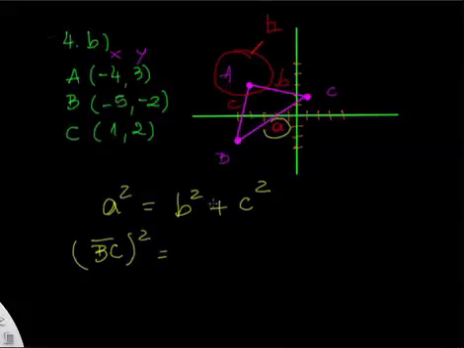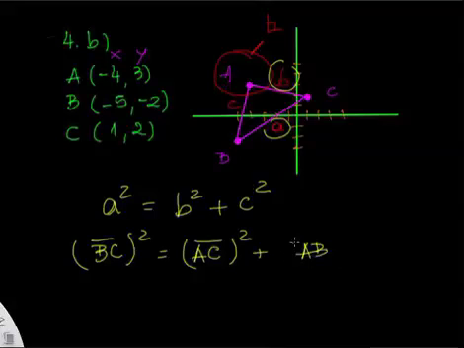And b squared, this is my b, should be the distance between A and C. And for c, that is here, A and B. And that's it. If that equation happens to be equal on both sides, that means that your right angle is correct.